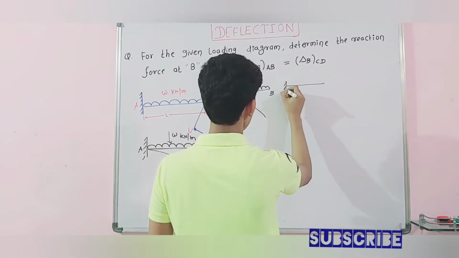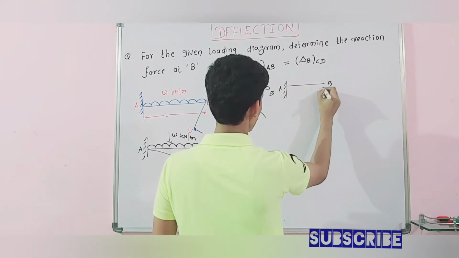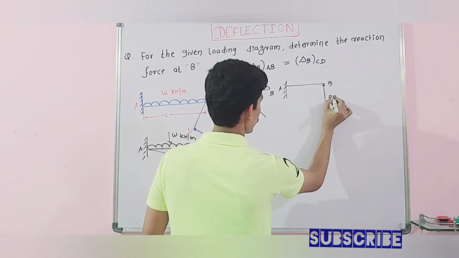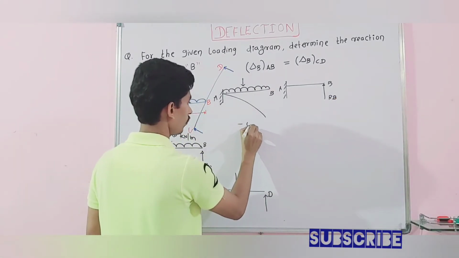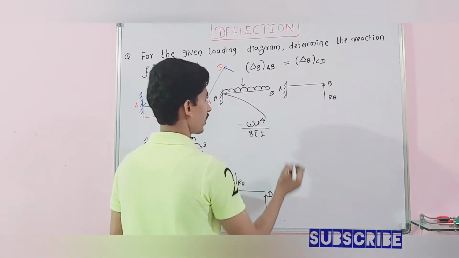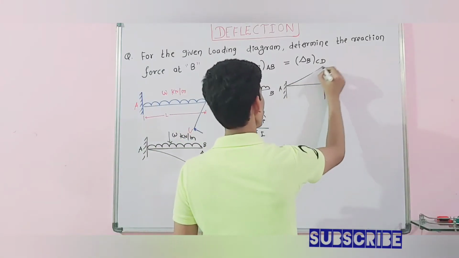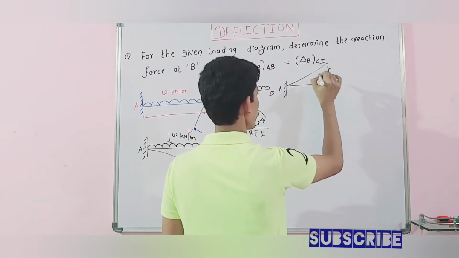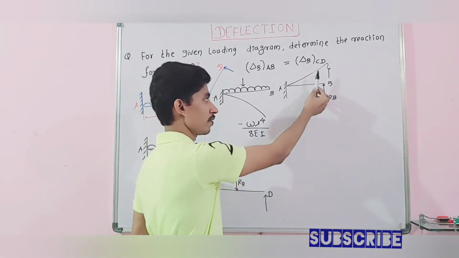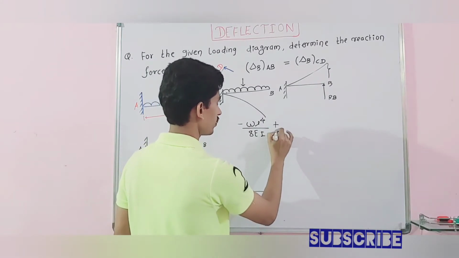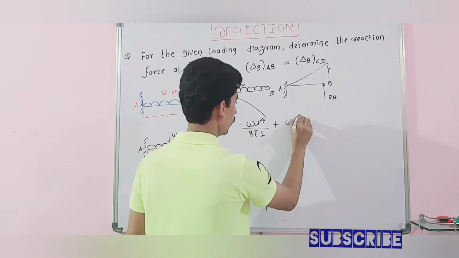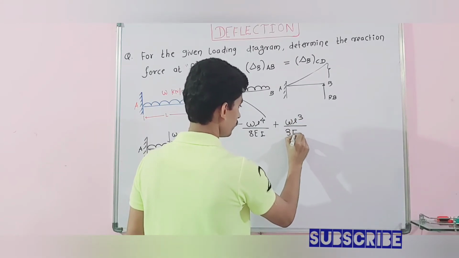This is my AB section, and due to the point load RB, the deflection will occur like so. This is my deflection. For this section, the deflection will occur on the upper side, because my load is acting this way. So this is my upward deflection, and I can take this as a positive sign. This is for a cantilever beam with a point load, that is nothing but RB L cube divided by 3EI.